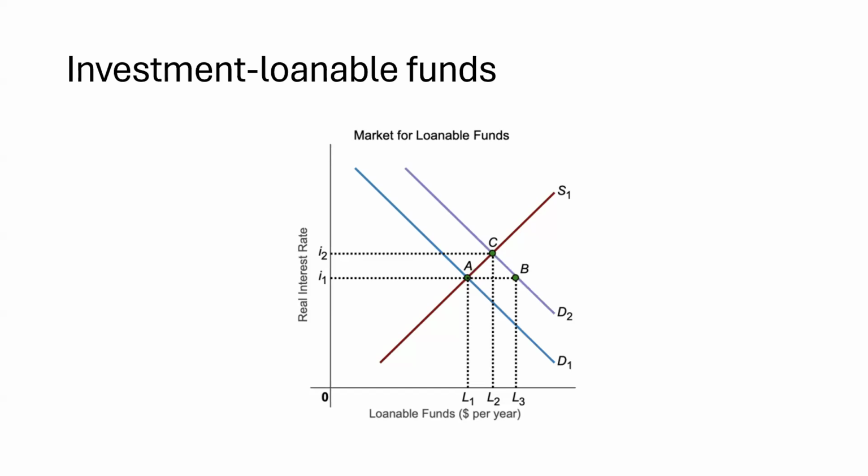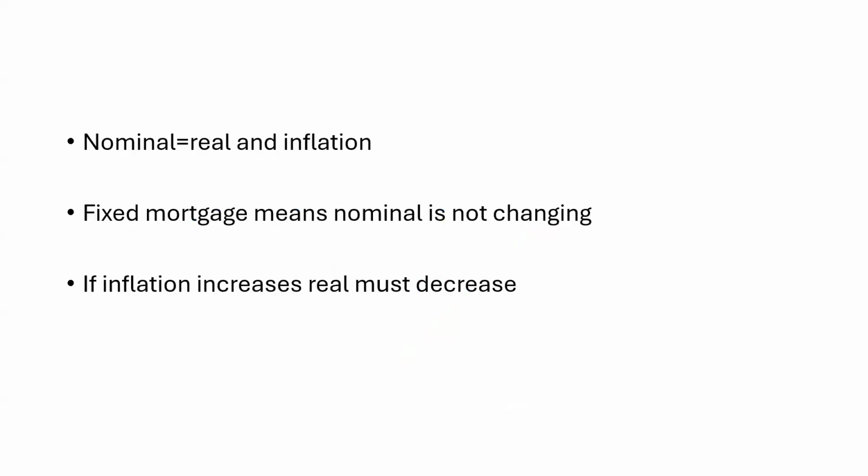4 and 14. All right, this is nominal equals real plus inflation. Sam pays monthly on a 5-year fixed rate. So if it's fixed, it means nominal is not changing.